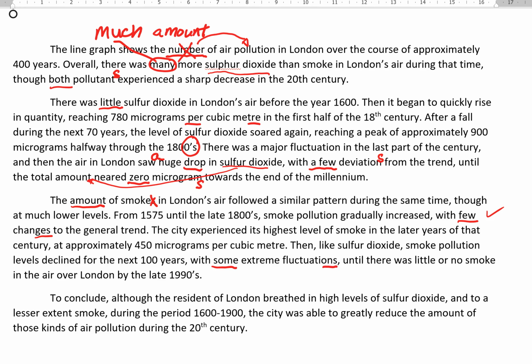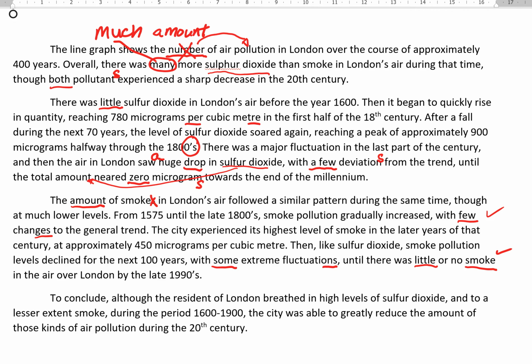In this case, we're using it with count, so we need a plural, some fluctuations, until there was little or no smoke. So again, that's correct because smoke is non-count and little is an expression that we use with non-count nouns, okay? In the air over London by the late 1990s. Yes, okay, good. Last paragraph.